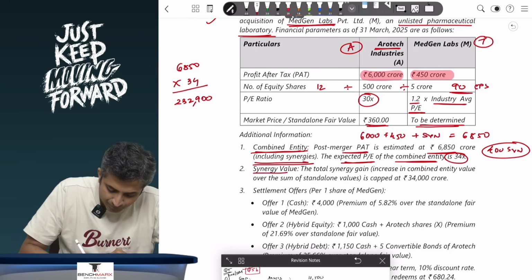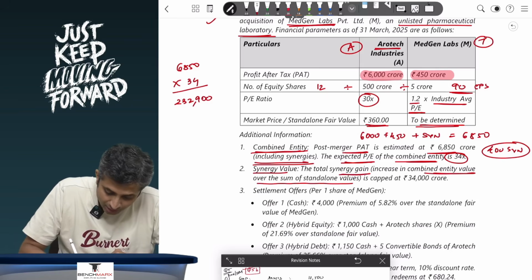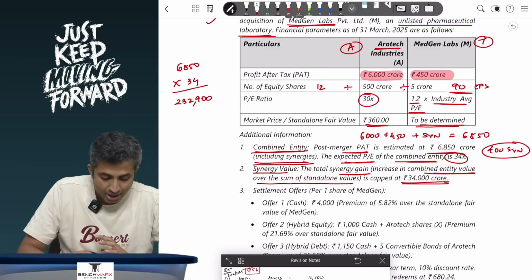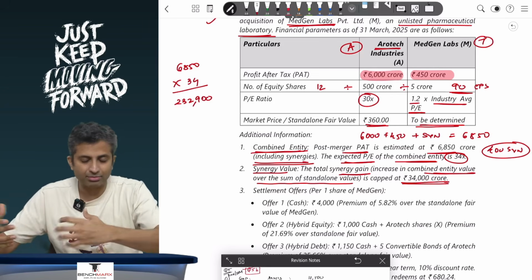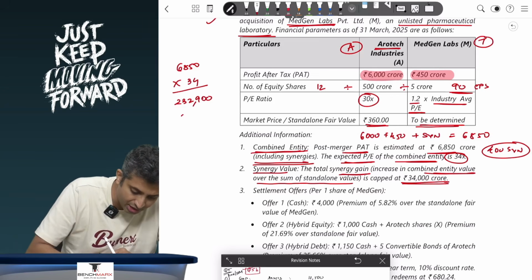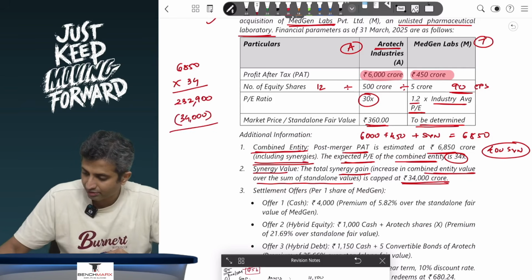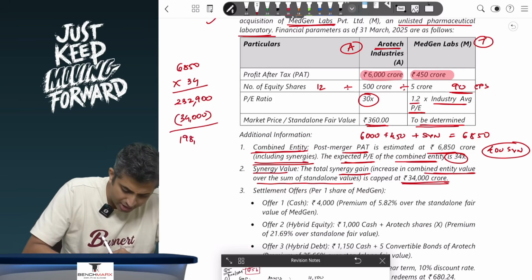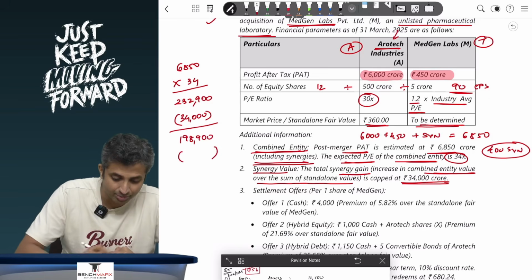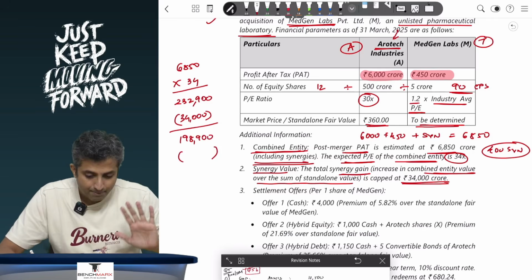The synergy value, the total synergy gain, that is the increase in the combined entity value over the sum of the standalone values, is capped at 34,000. So this is your combined value. This is a value, not a per annum number. This is a value as on date, out of which we are saying 34,000 probably is attributable to the synergy, and hence minus 34,000. If I do that, 198,900 will be the pre-merger values, from which if I subtract Aerotech's pre-merger value, I should ideally get MedGen's pre-merger value if required.